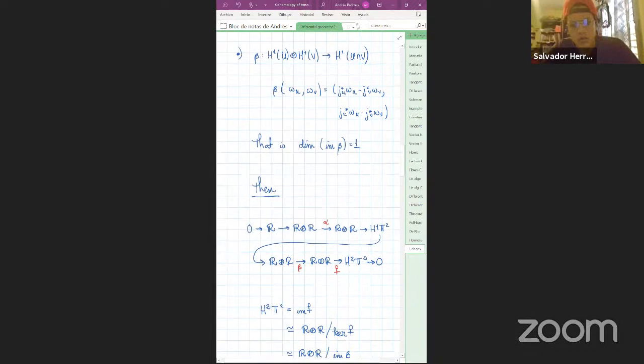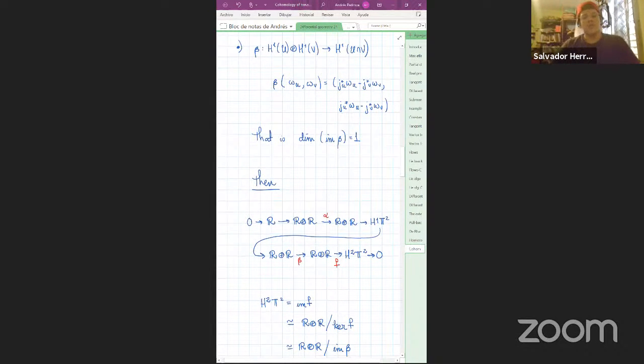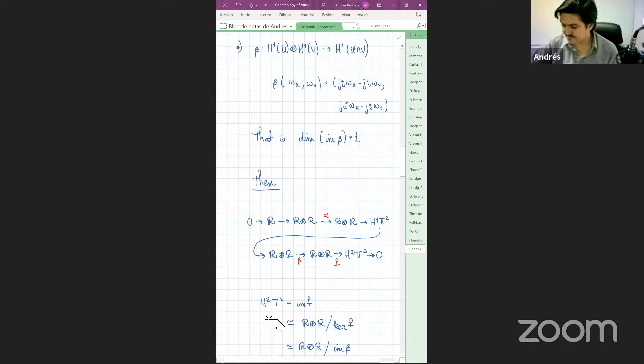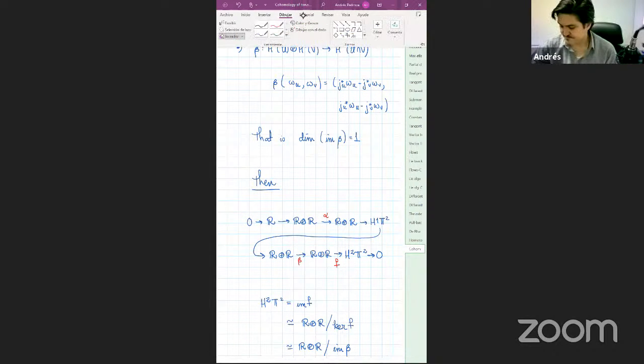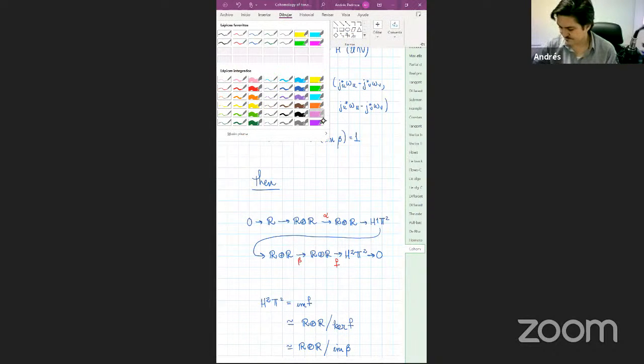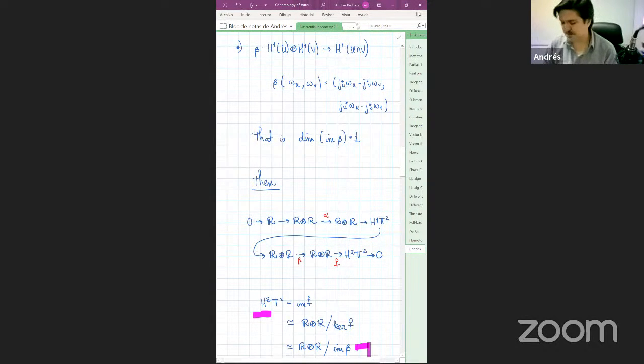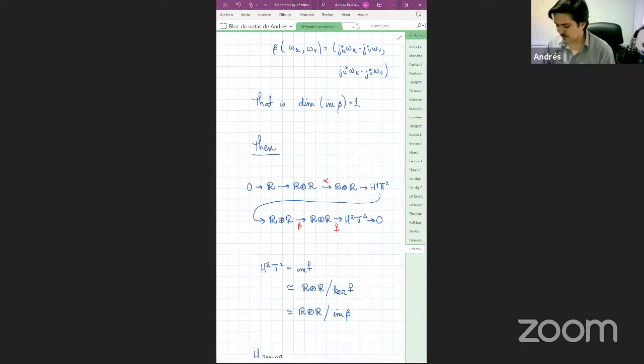Right. So this vector space is equal to this one. And I know what the dimension of beta is. In fact, we know that it is one dimensional. That means that H2 of the torus is one dimensional.